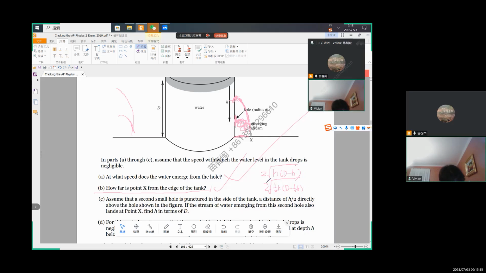So this should be my distance delta x for the 0.2, right? But they said it's the same thing as last time. This time, this delta x is for the 0.1. How far horizontally? They should be the same. So these two should be equal with each other, right?